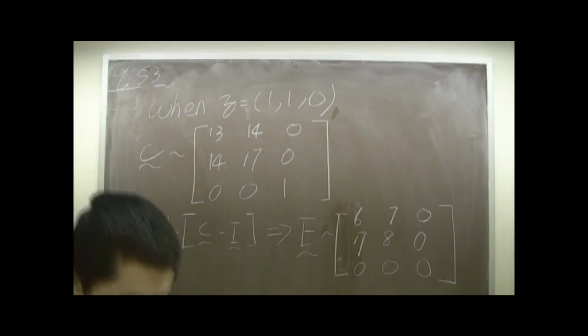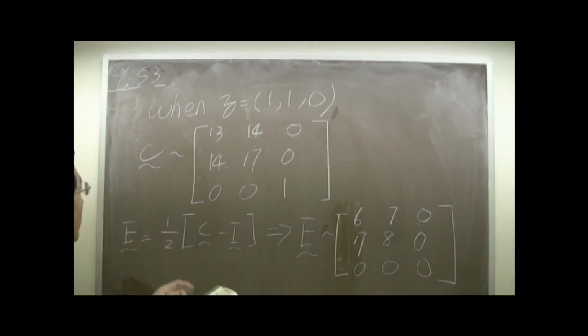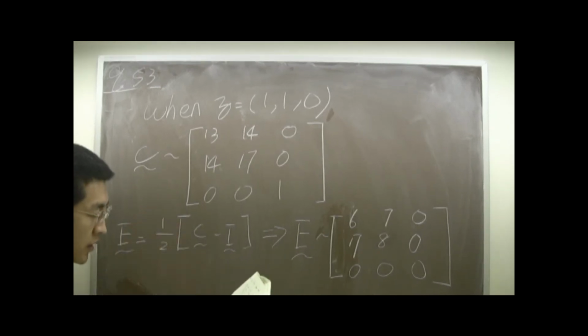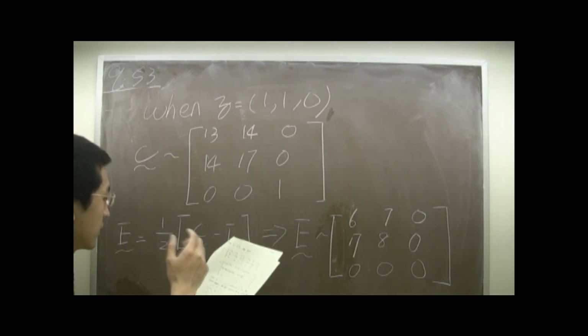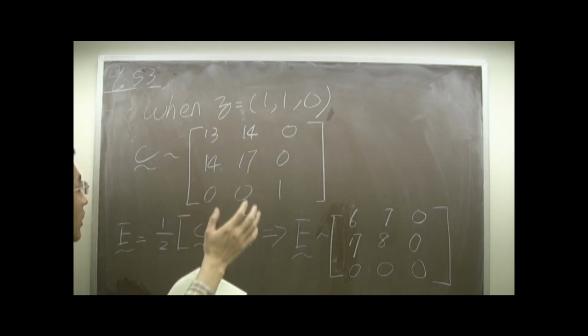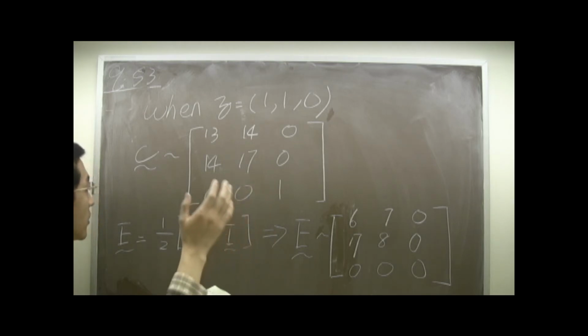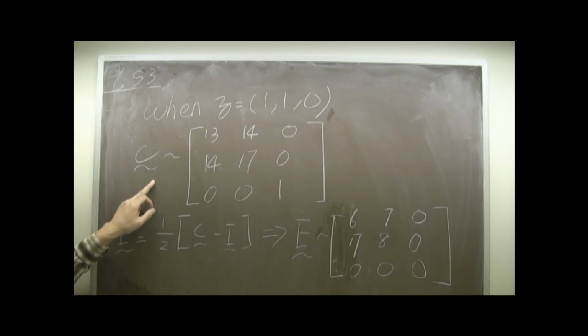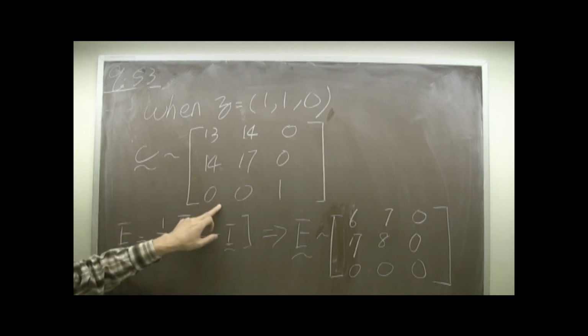Yeah. All right, after we got the C matrix, now we can calculate the components of it. Since we are asked to calculate the components when Z equals 1, 1, 0, we can substitute this value into the original C matrix and get the components of C, which is like this.